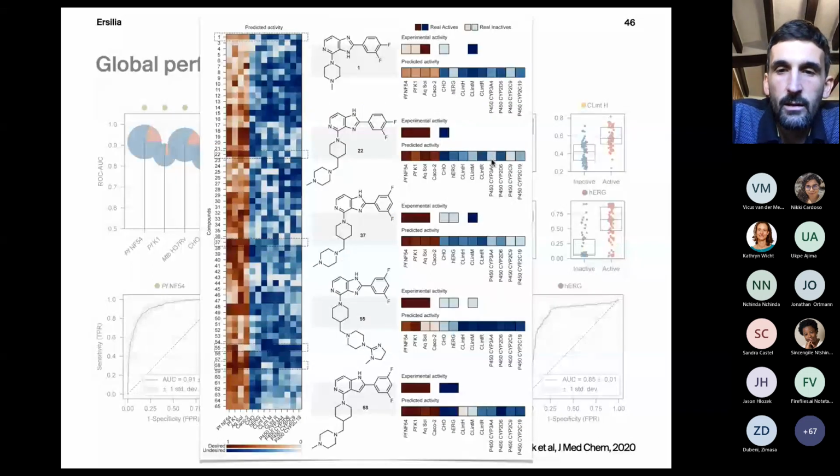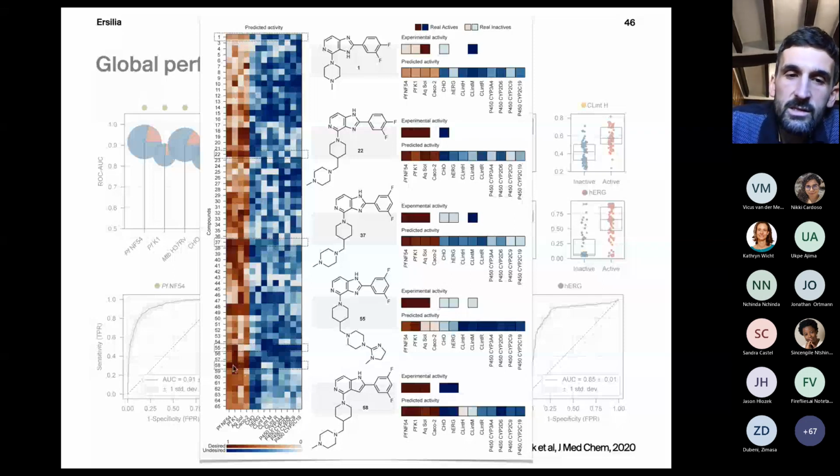Let me just show you here a prospective example where we actually predict some compounds that belong to a particular series experimented here at H3D, and we produce for each of these compounds, in this case 65 compounds, different scores related to desired, let's say, properties, that is usually antimicrobial activity, and undesired properties, for instance, interaction with hERG.